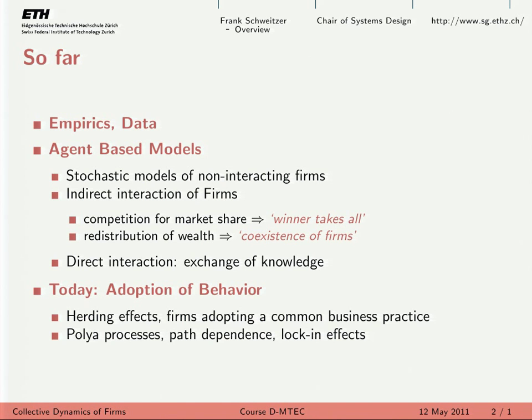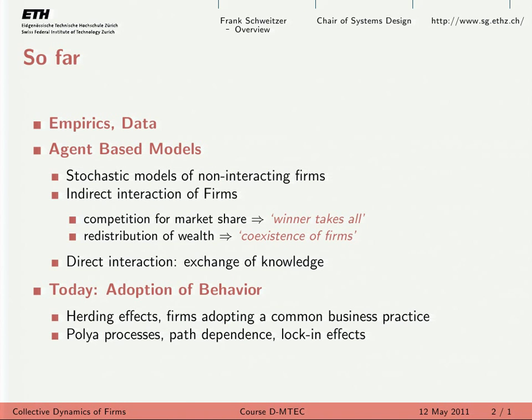There are also social effects that are included in this decision. What we do today is we entirely, in the first part, focus on the social processes. So you as a firm, you decide to do something not because you are convinced to do this, but because you observe that all others are doing it, right? So there are herding effects, there are social influences, yeah?